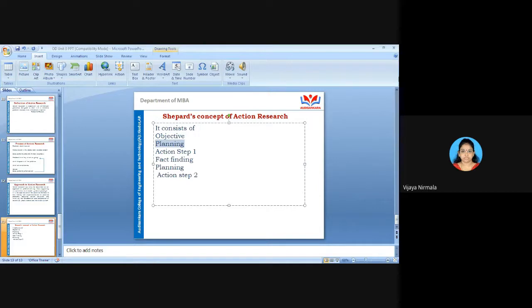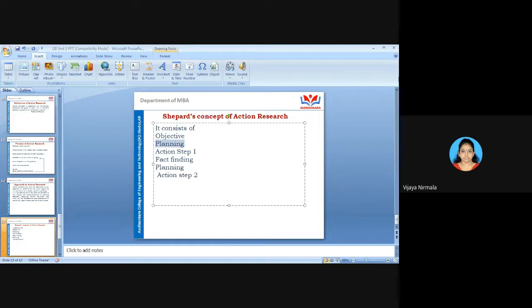So this is how you put it into action. Once the action has been done, it comes up with the fact finding. What are the actual facts? And after getting the facts, they plan, and finally it moves to action step 2.